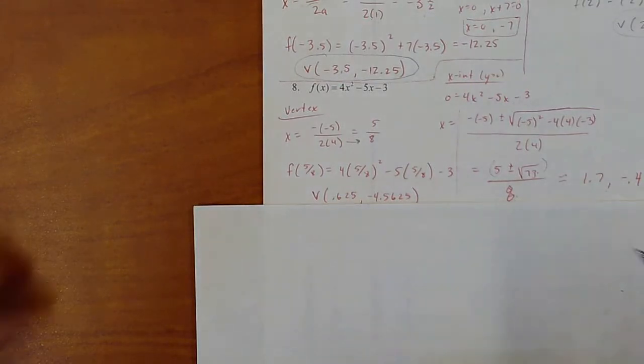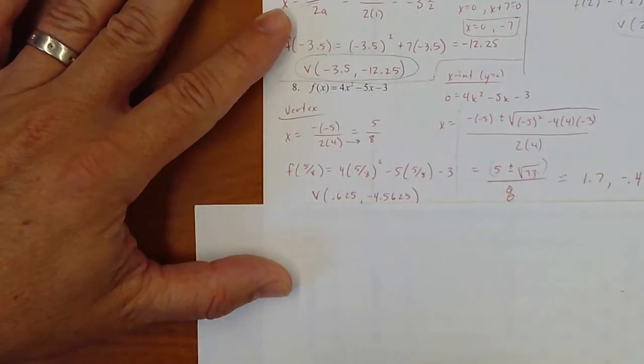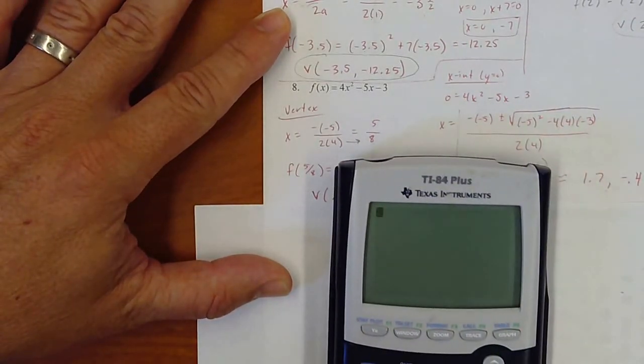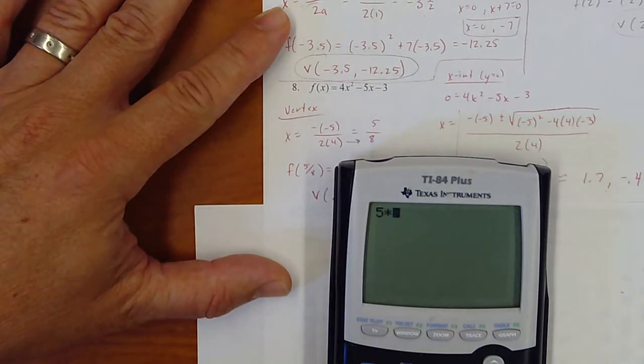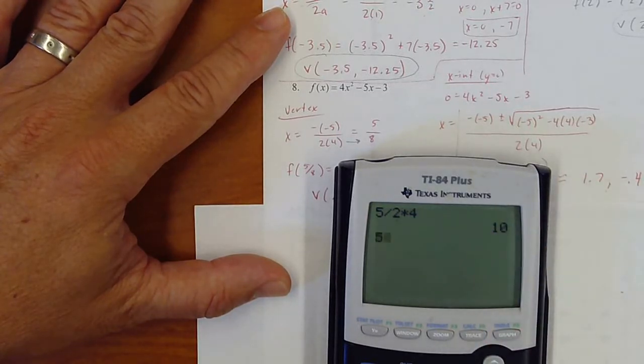All right, here's the vertex. Careful you don't get 10. Some students will punch this in wrong and do this. 5 divided by 2 times 4, and they get 10. The 2a needs to be done first and clean that up.